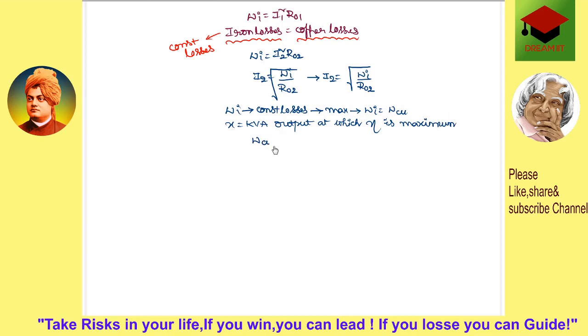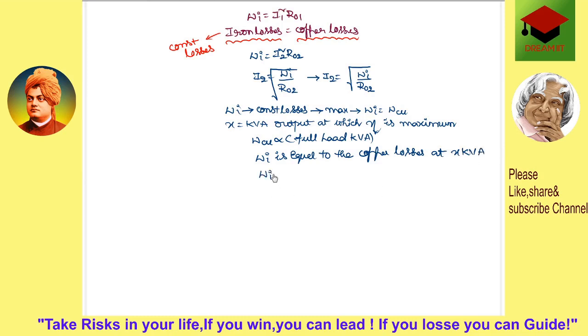We can consider copper losses proportional to full load kVA whole square. And iron losses we can write as equal to the copper losses at X kVA.